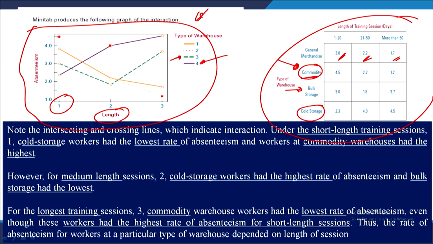So, we will say that the absenteeism depends on the workers of different storage warehouses, and it also depends on length of training session, and there is interaction amongst these two, right.